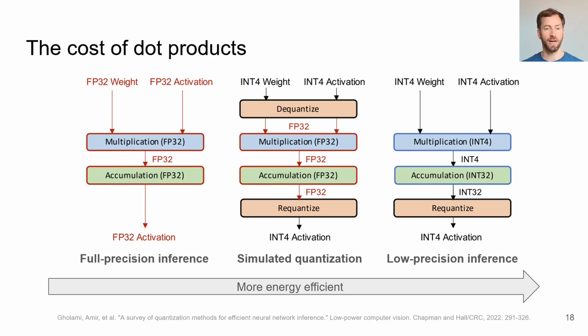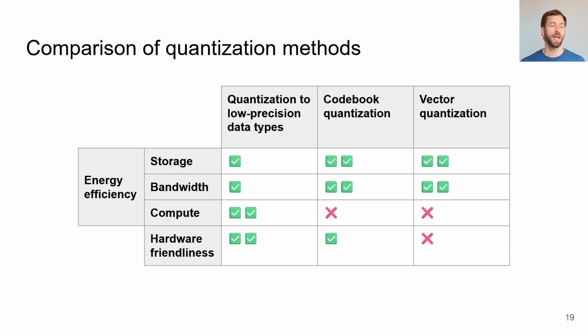Now let's compare the different quantization methods. In terms of compressing weights and activations, the codebook approaches, so codebook quantization and vector quantization, are a bit better than low precision data types, so they just achieve higher compression ratios. However, when we look at the energy efficiency of computation, like we've seen on the previous slide, low precision data types excel. They are a lot more energy efficient.